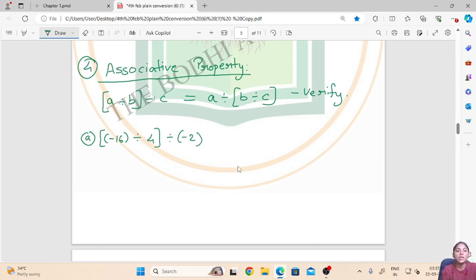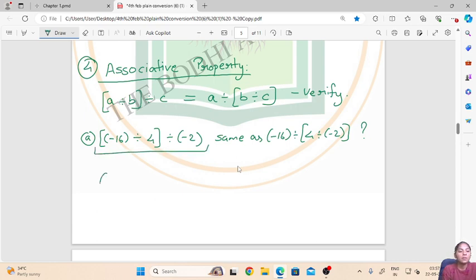So we have to check if this is same as or equal to -16 divided by bracket 4 divided by -2. So we have to check, is this same as this? So let us solve this part first.